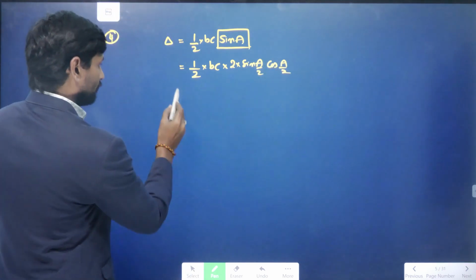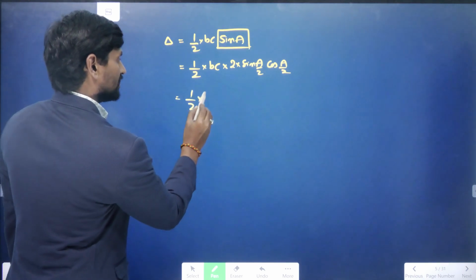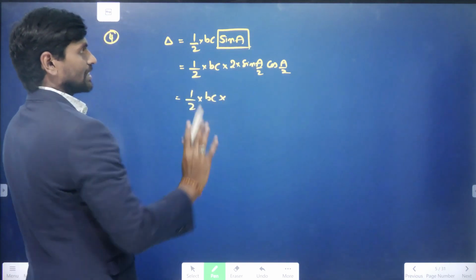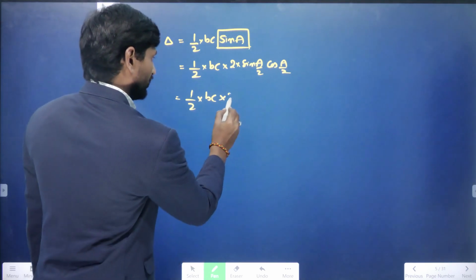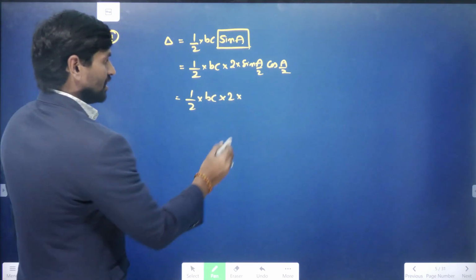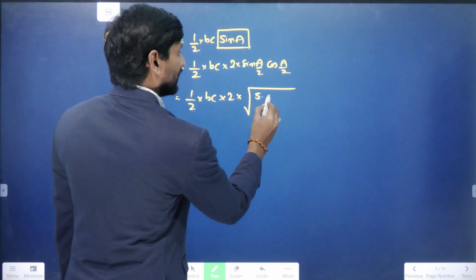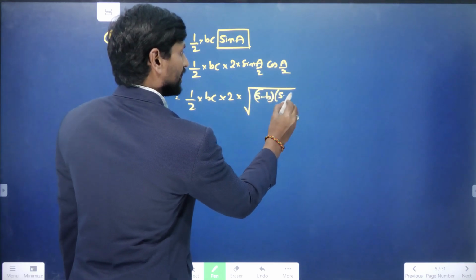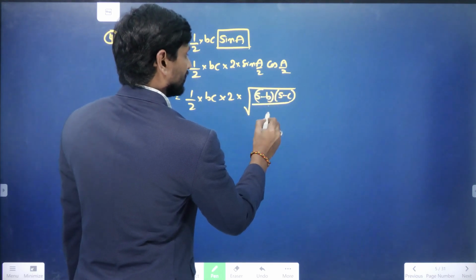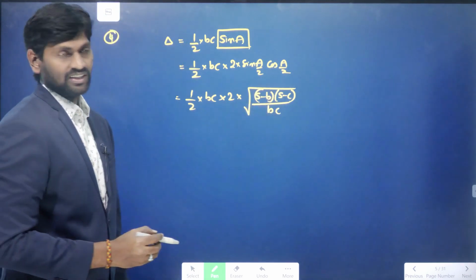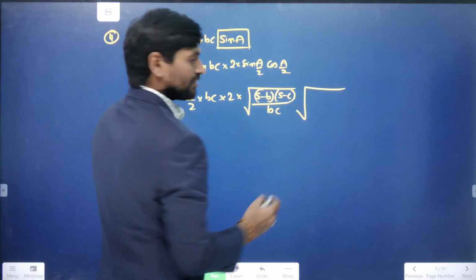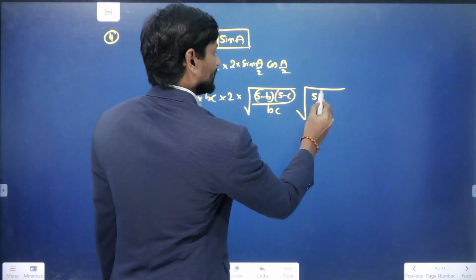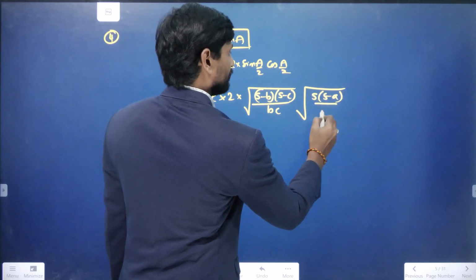Okay? Half BC is the same. I am not disturbing the half BC value. Only sin A I am expressing like this. So into 2 sin A by 2 formula, root over S minus B into S minus C by BC. Here the cos A by 2 value is S into S minus A by BC.